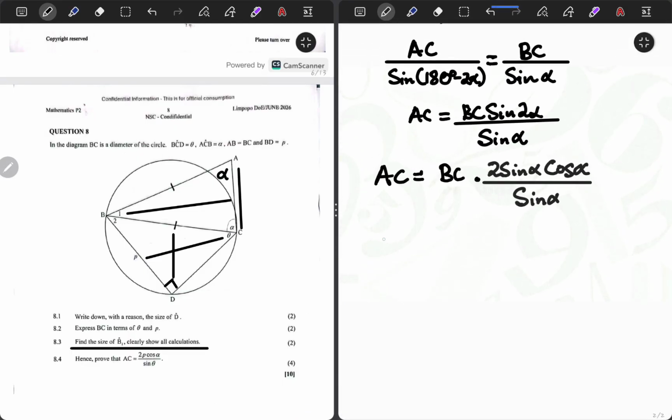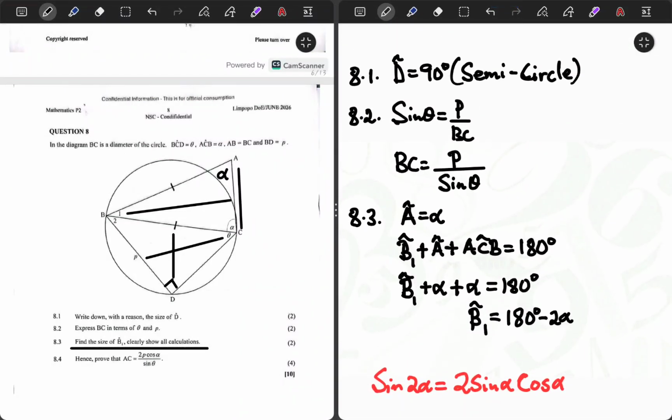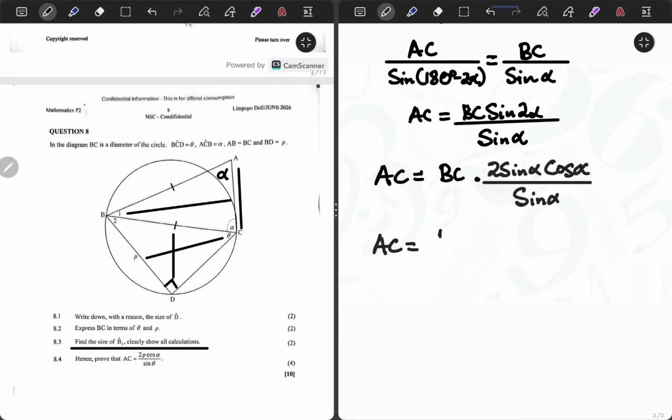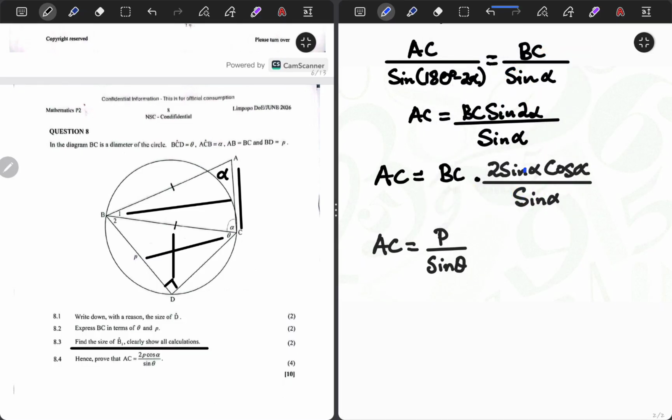Then we're going to have our AC equals, where there's BC, we're going to have P over sine theta. But let's remember that sine alpha will cancel sine alpha.